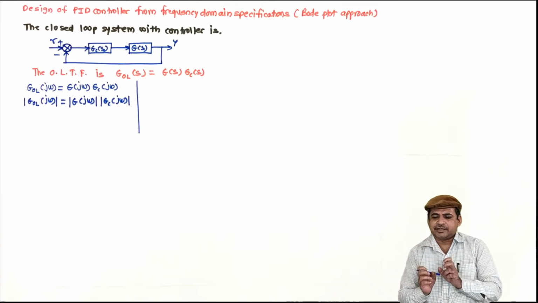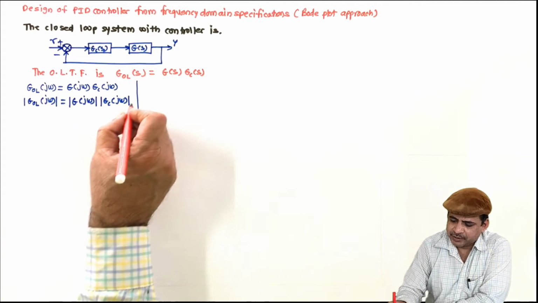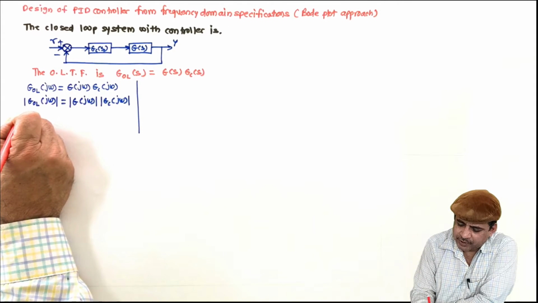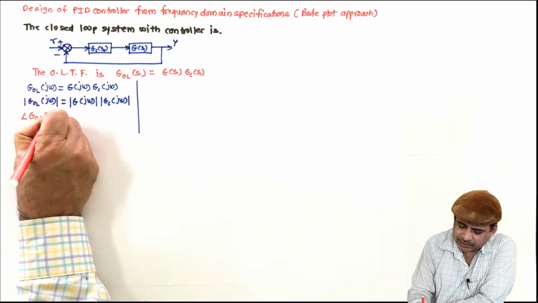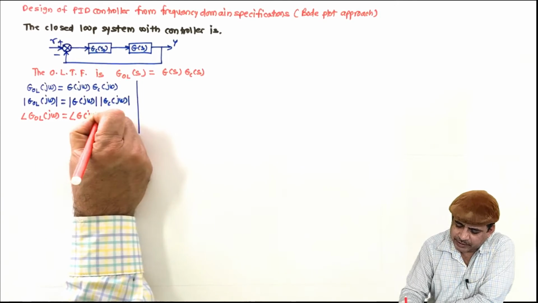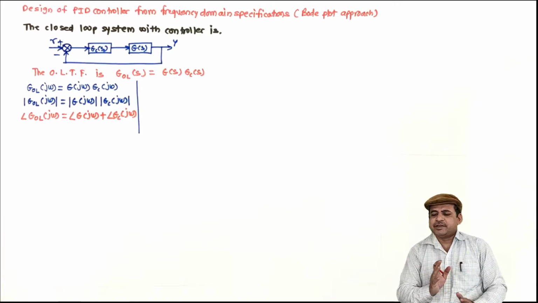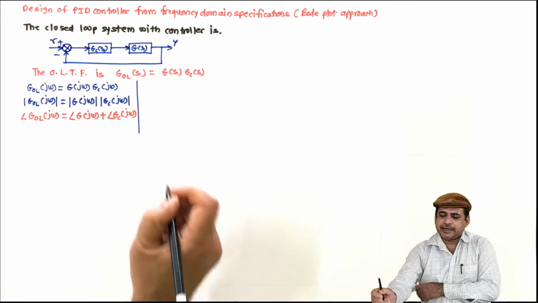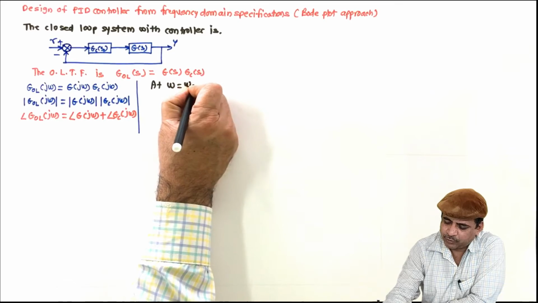As they are in multiplication, their magnitudes can be segregated as a product, and then the phase of this function is equal to phase of G of j omega plus phase of GC of j omega. As they are in multiplication, their phase will be addition. Now what I will do, I will consider this function at omega equal to omega GC.